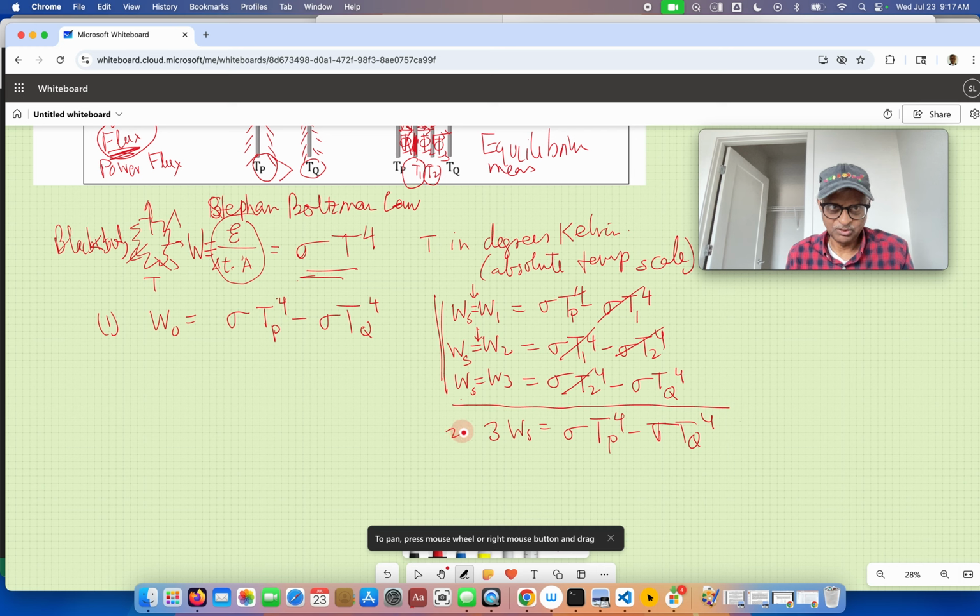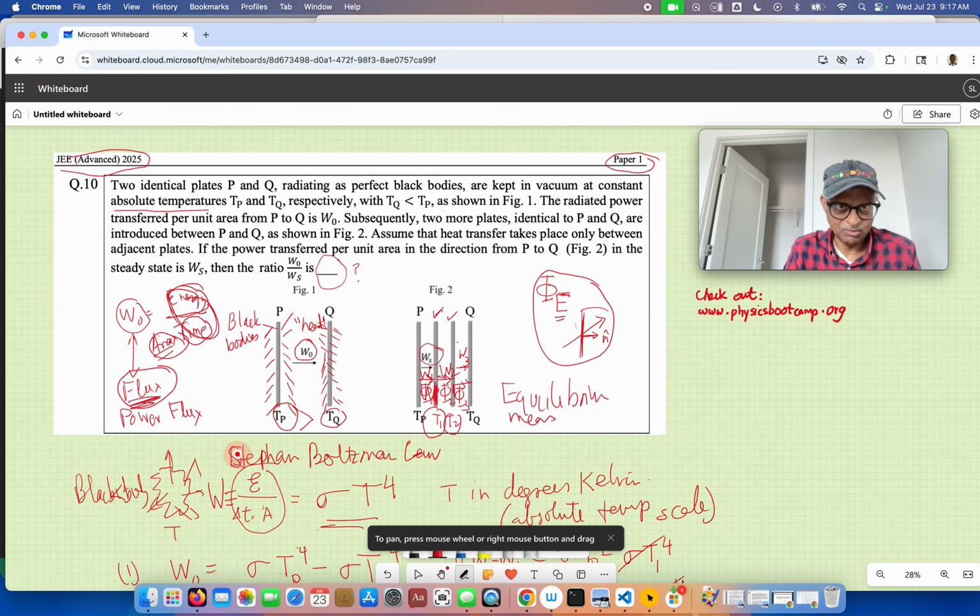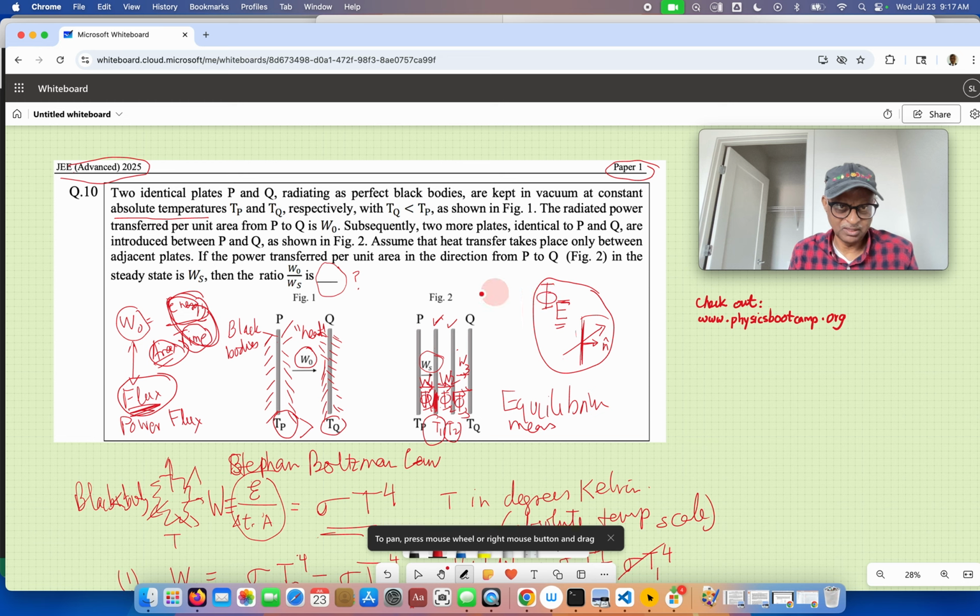This is my equation number 2, and these are the same, so this must equal that. So W0 equals 3Ws, and W0 over Ws equals 3. The answer will be 3.